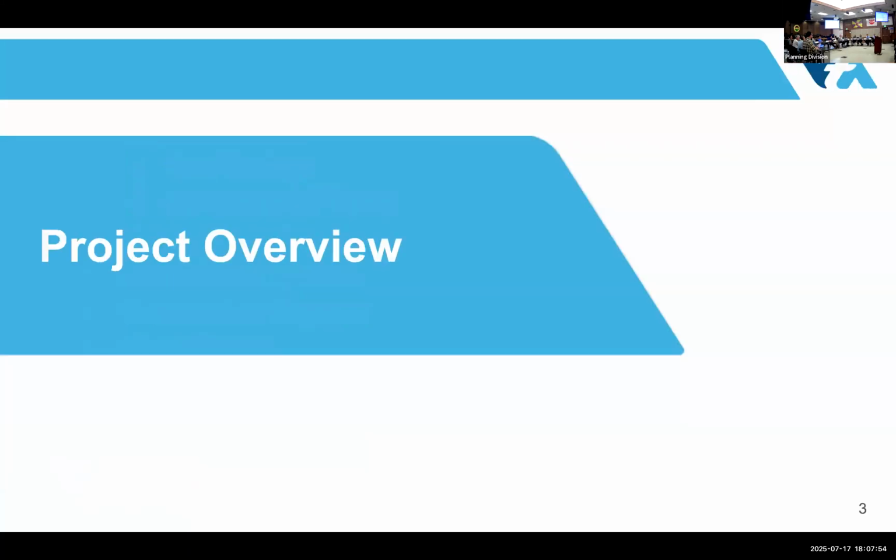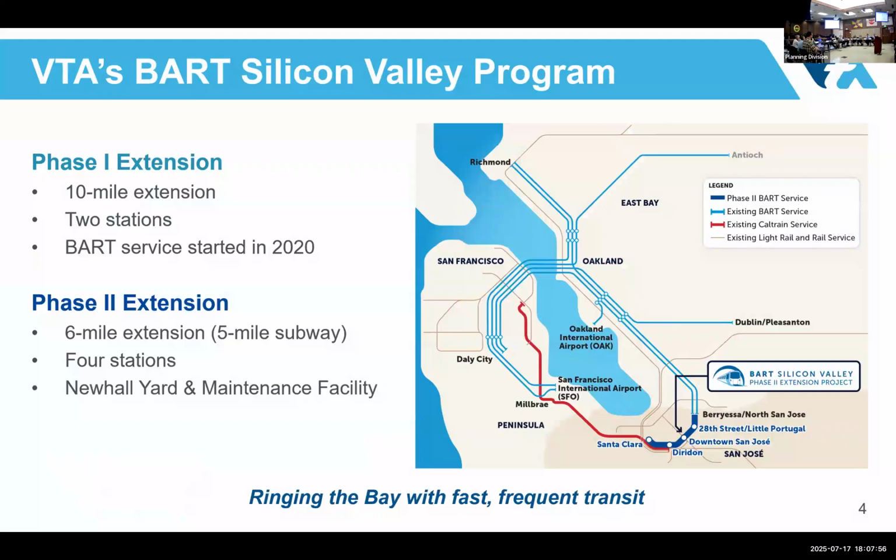So to orient those that aren't as close to the project as maybe some of you, we wanted to bring people into focus here on the Bay Area and remember why we're working on phase 2. VTA delivered phase 1 of the BART Silicon Valley overall program in 2020. And that actually did build 2 stations in our county. So one in Milpitas and one in Berryessa.